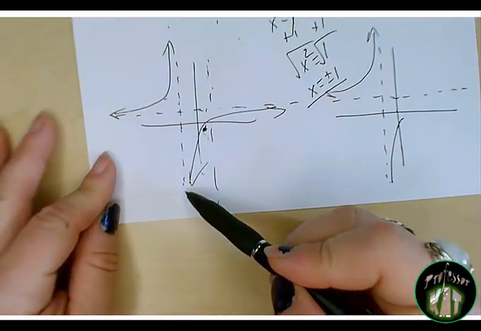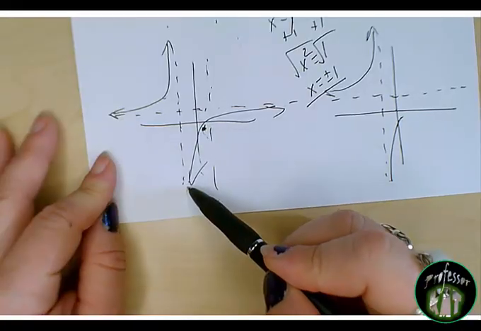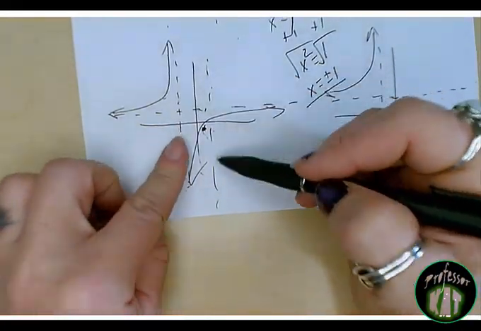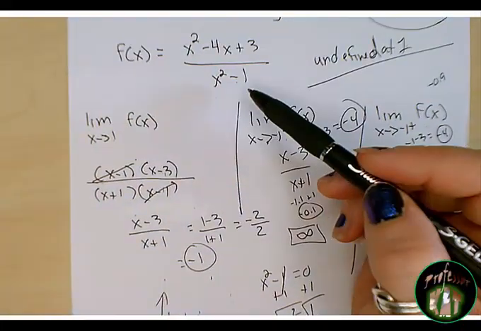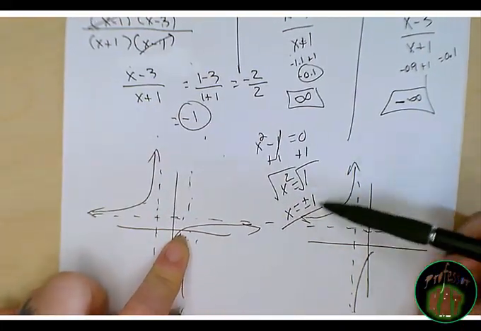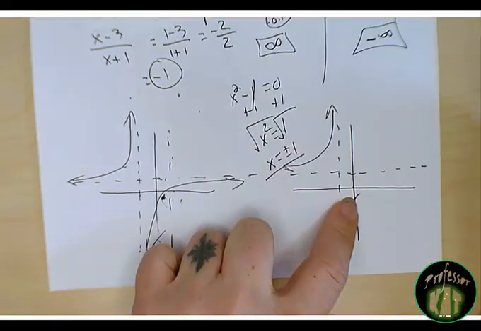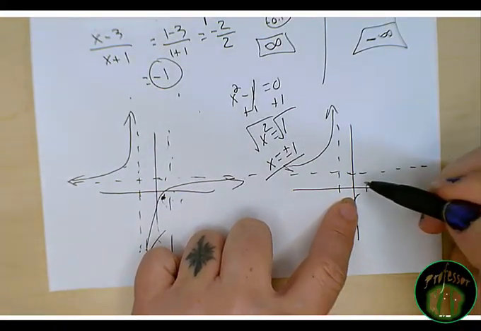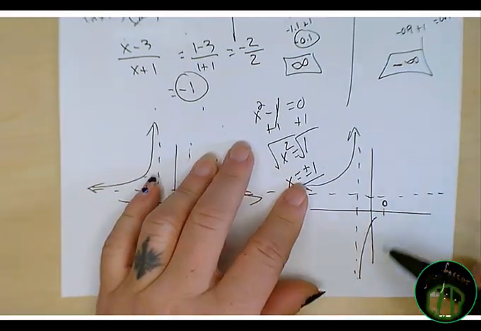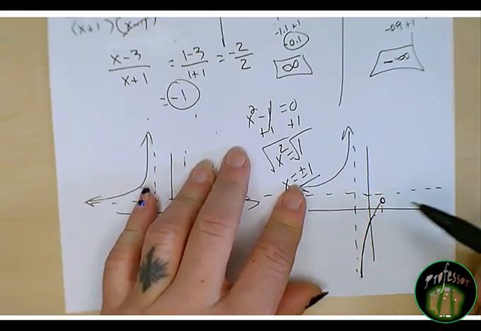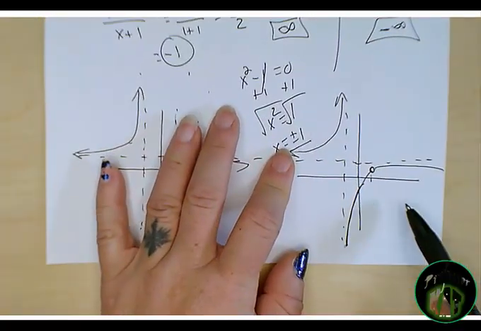And we see that our graph shoots like this on this side here. But notice at a positive 1, nothing's going on here. At a positive 1, there should be a hole in our graph. So the correct graph at a positive 1 should have a hole here, so that it's going to connect like this.